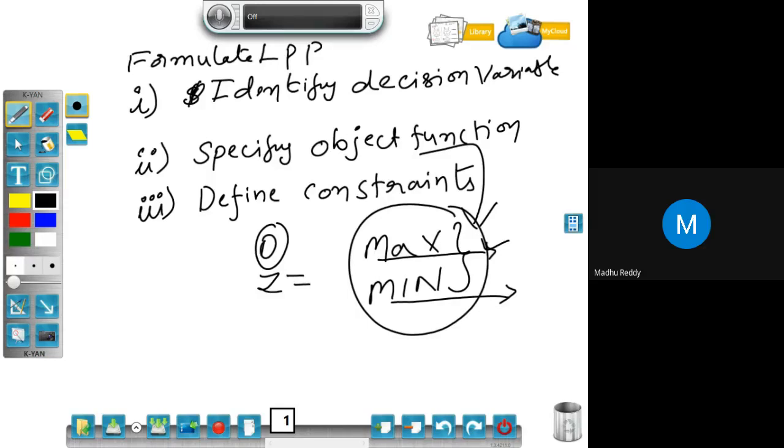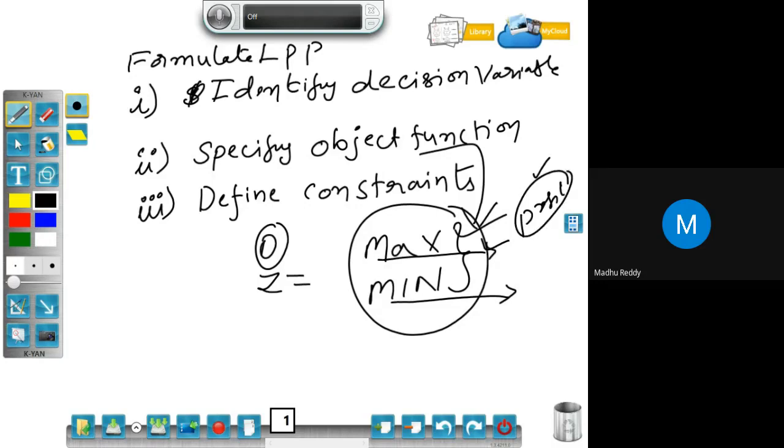Here he is getting 10 rupees of profit. So what exactly is the manufacturer's intention? To get more profit, that is, to maximize the profit. That is called a maximization function.